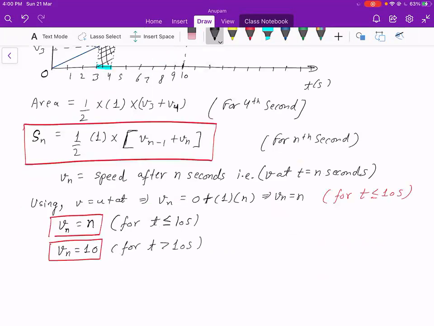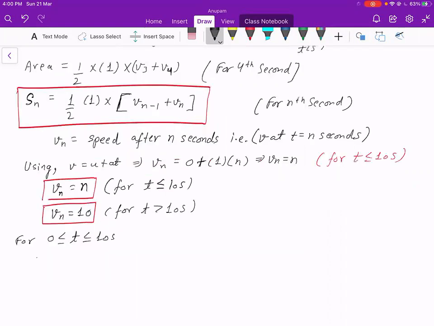So for 0 smaller than or equal to t smaller than or equal to 10 seconds, Sn is equal to 1 by 2 into Vn plus Vn minus 1. What will be Vn minus 1?